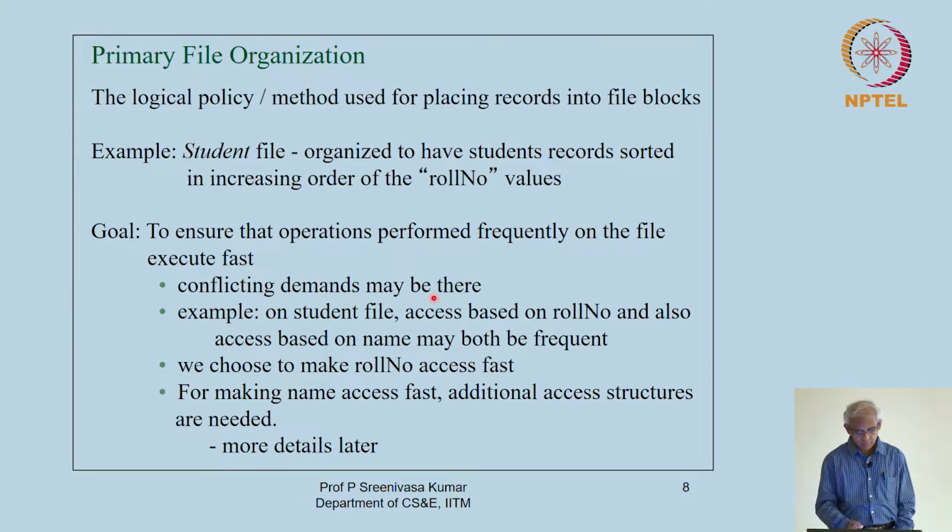So what we do typically is to first choose one primary file organization using which we can make one of these accesses fast, like roll number, and then to make the other access fast, say name access, we construct an additional access structure.